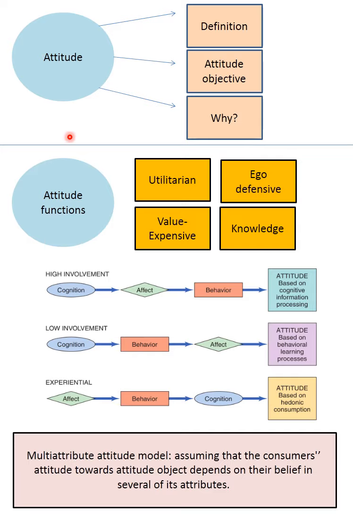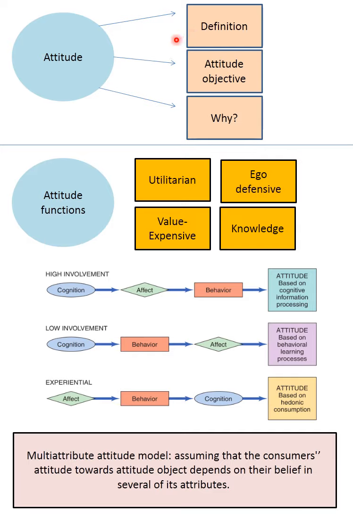Okay, as we mentioned before, this chapter is all about attitude. Before diving in, we have to understand some concepts that will help us understand the whole chapter. So, what's the definition of attitude? Basically, attitude is a lasting general evaluation of people, objects, ads, or any issue.